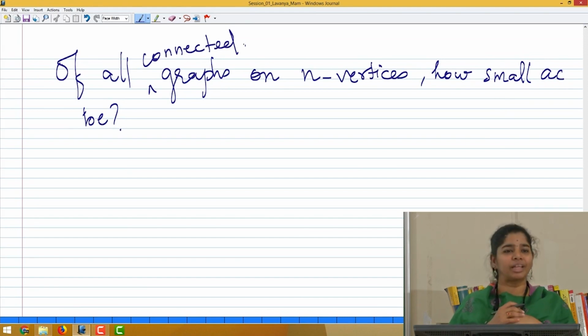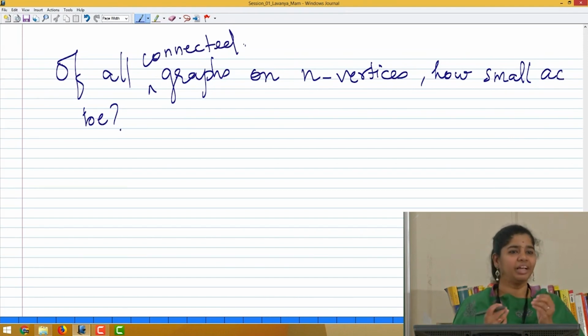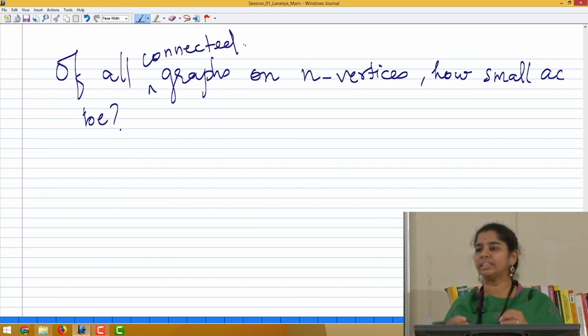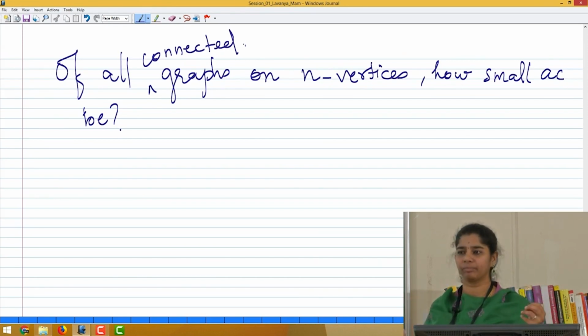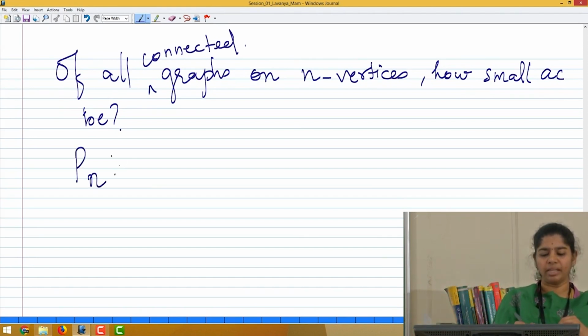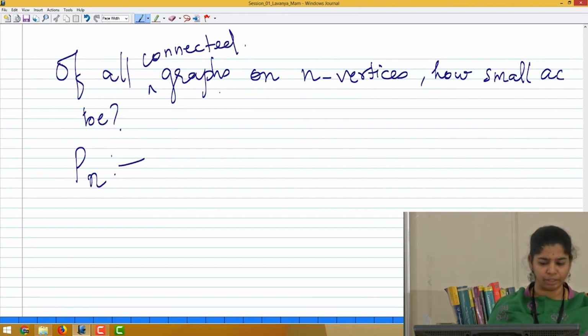I asked you for the Laplacian spectrum of cycles and paths, C n and P n. P n, a path on n vertices, is considered to have the least algebraic connectivity.